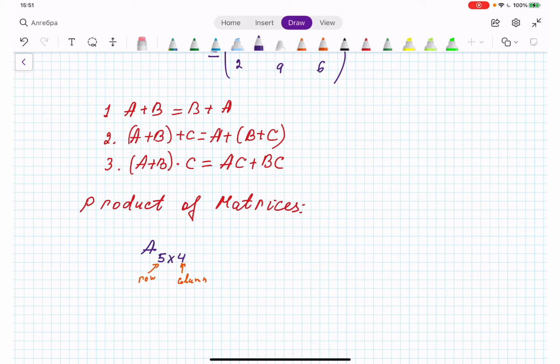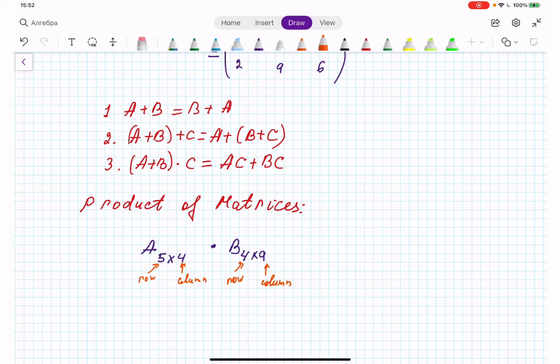And then matrix B, I am multiplying 4 times 9. Where 4 is a row and 9 is column. Okay.